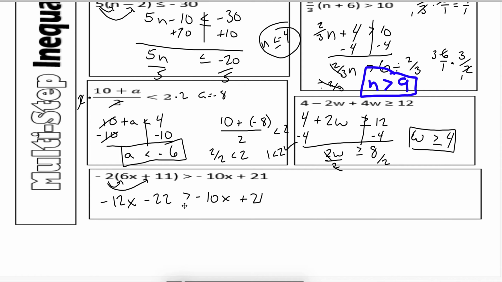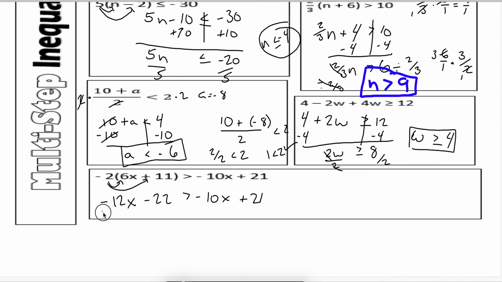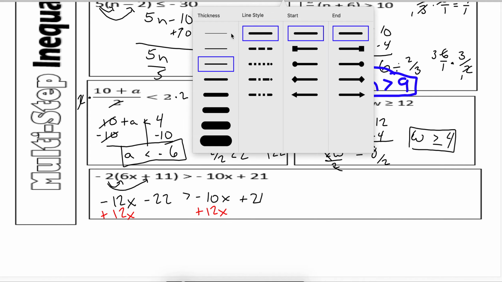All right, let's get our variables together and our constants together. Let's move our smaller number to our bigger number. I'm going to get a different color here so we can see some steps. The opposite of negative 12x is positive 12x, added to both sides. I'm actually going to do two steps in one here.